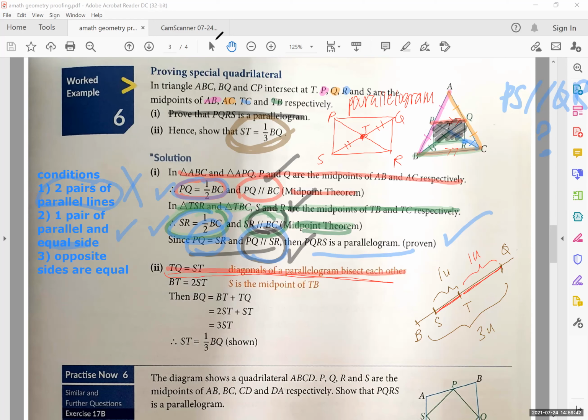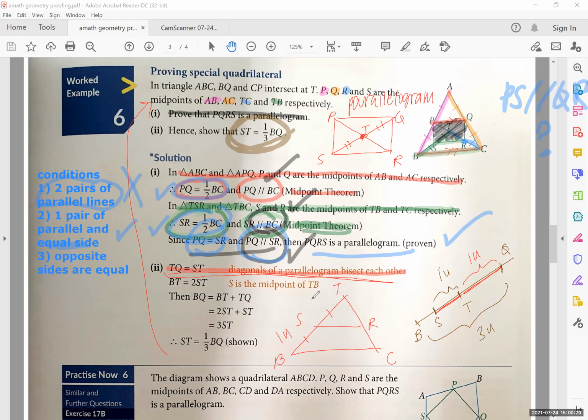Okay, next part. So we need to prove that it's 3 units for BQ. But how are we going to get there? Can you look at this triangle right here that I'm going to draw out for you? We have T, S, R, B, C. We know that S is a midpoint of BT, correct? From the question, we know that S is a midpoint.